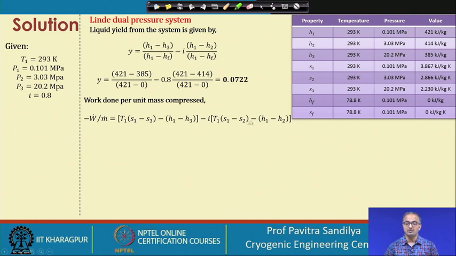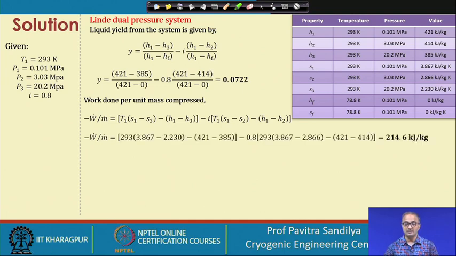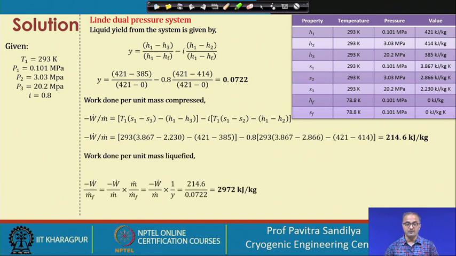So, what we can do now is plug in the values of the various enthalpies and entropies, and we get this as the work done per unit mass of the gas compressed. Next, we have been asked to find the work done per unit mass of the gas liquefied, and here we take this value and divide by the yield, and we get the value of the work done per unit mass of the gas liquefied.